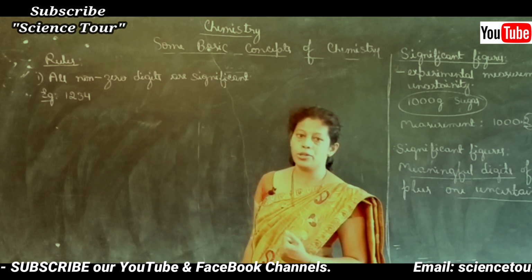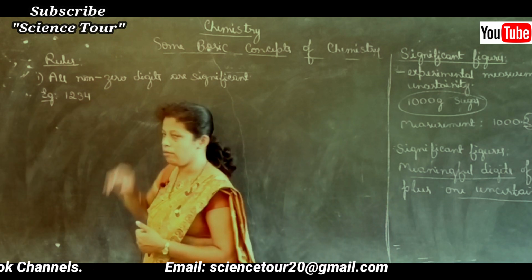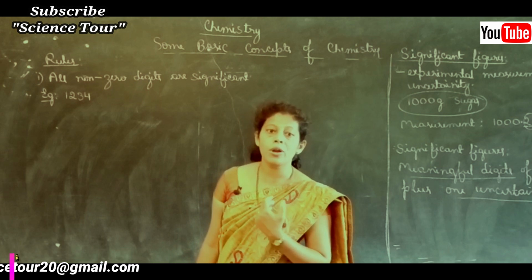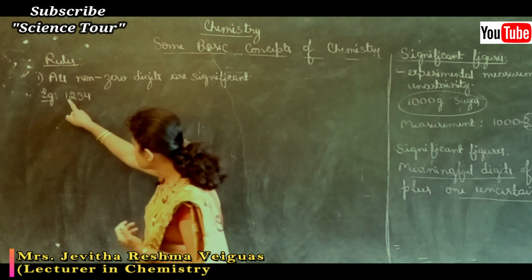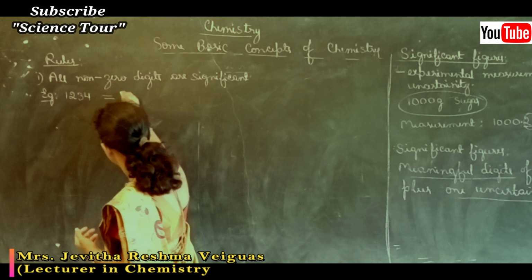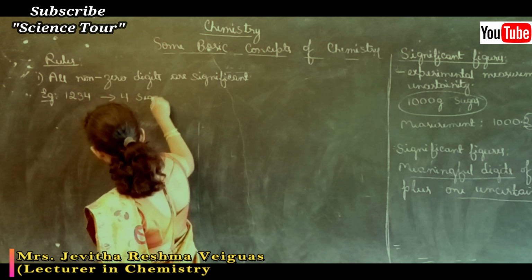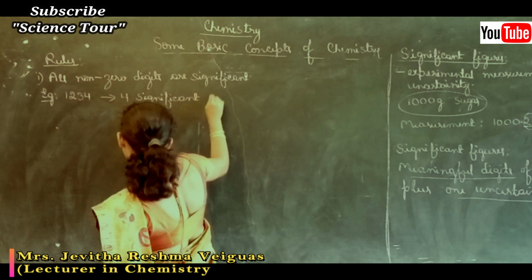Look at the measurement you have. The digits are 1, 2, 3, 4. There is no zero. All digits are non-zero digits. How many non-zero digits are there? Count: 1, 2, 3, 4. So this number has 4 significant figures.